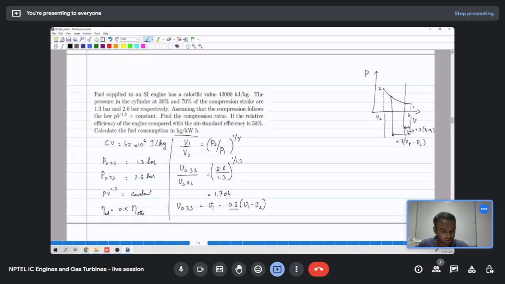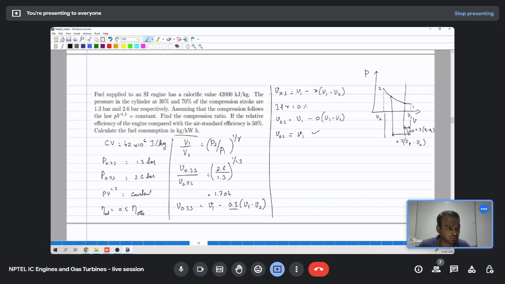I hope this is clear to you. So I write Vx as V1 minus x times (V1 minus V2). If x equals 0%, we get V1, the full volume at 0 stroke.